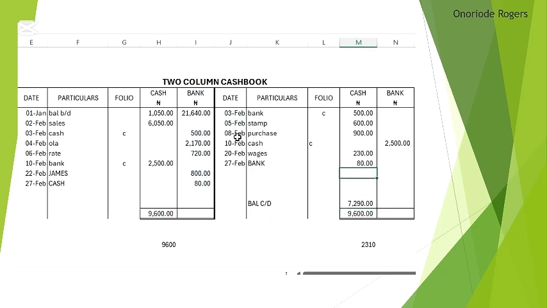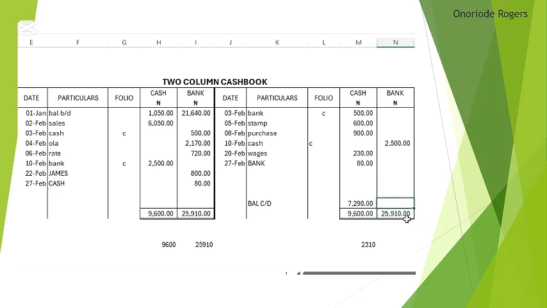Let's go for the bank column. Let's add up also. Here we have 25,910. Same thing on the credit side, 25,910. So the balance figure also comes here.